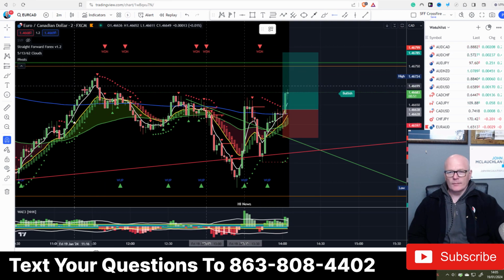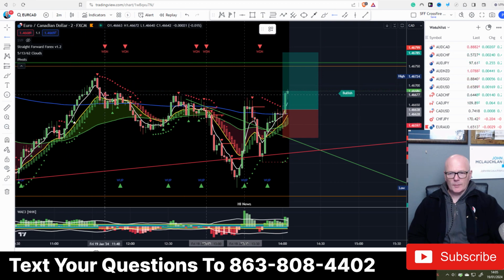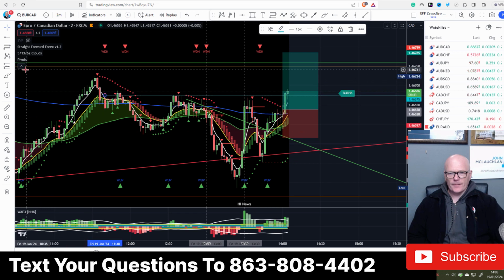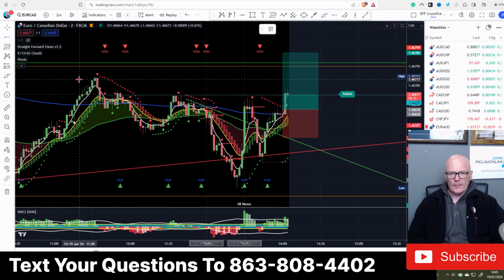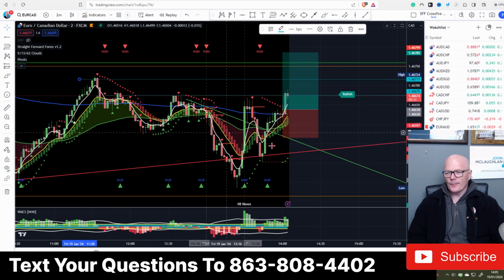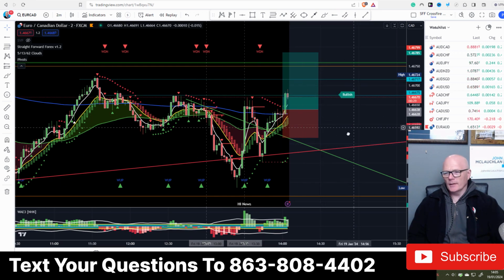Let's put these on because it'll give us some indication of what's happening with price. So let's put that one on there, which is where I would look at for a buy, and we'll put this one on here. Okay, so these are our two areas of interest before we then go up to the pivot line.